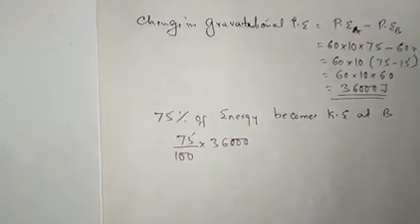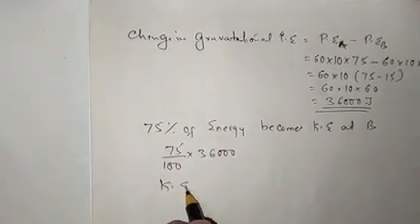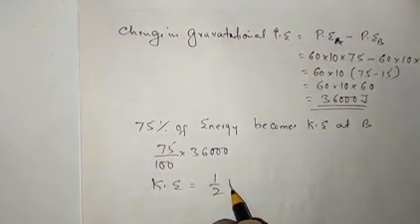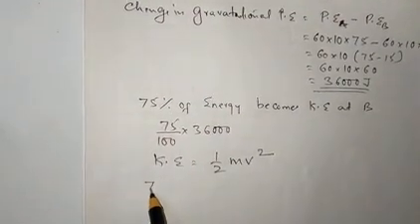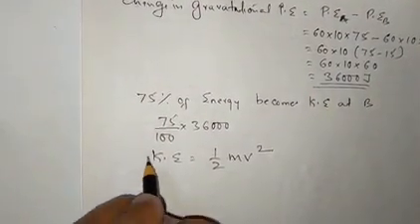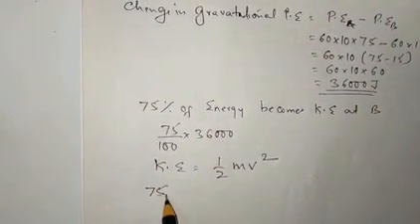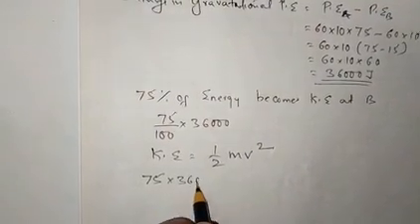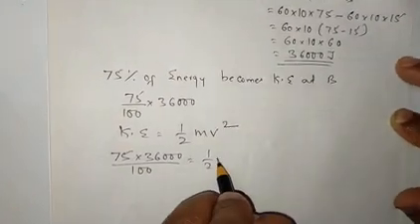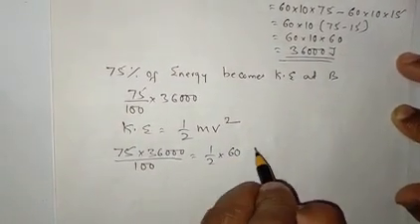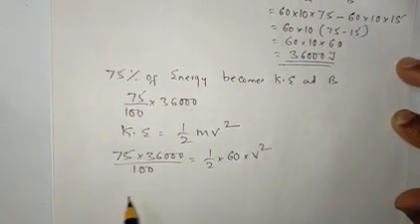I want to find the speed. So I know that kinetic energy is half mv square. So 75 into 36000 by 100 is equal to half into mass 60 into v square.